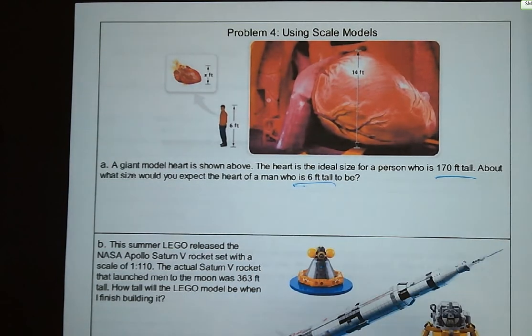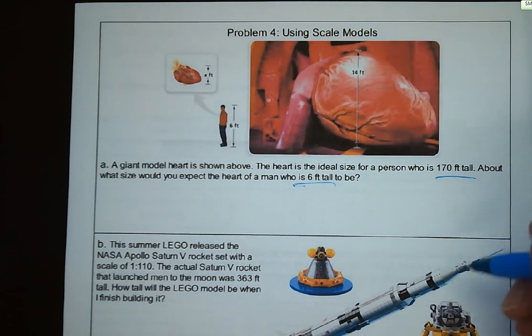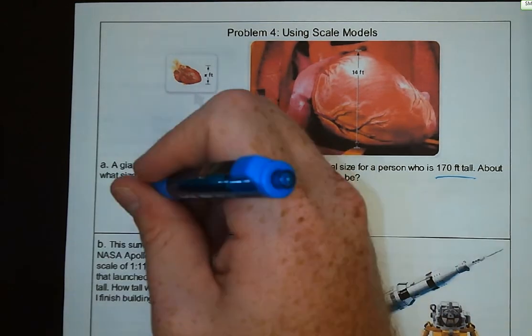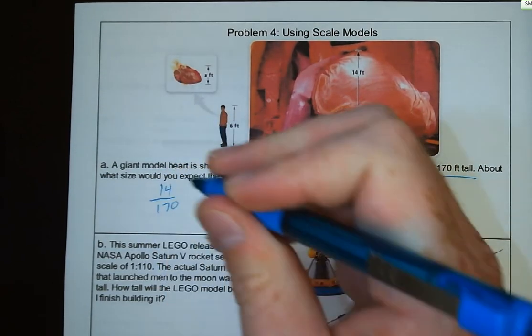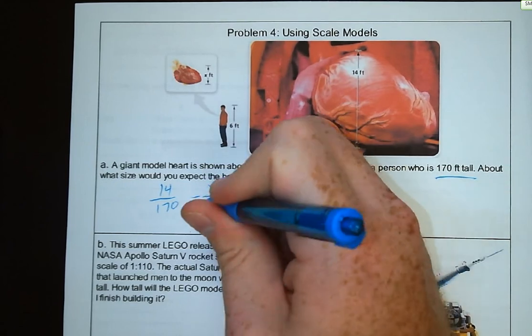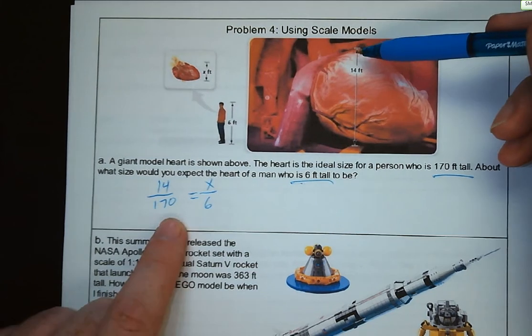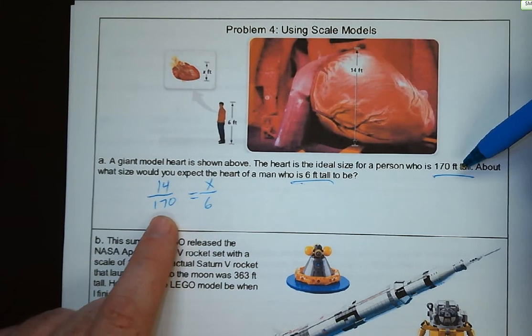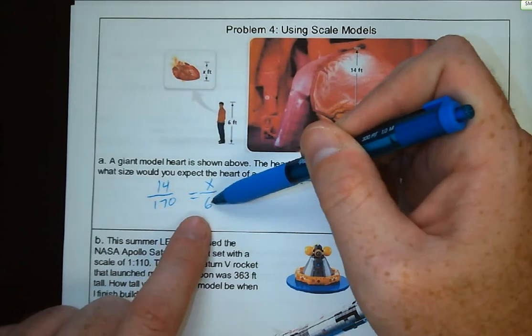About what size would you expect the heart of a man to be who is 6 feet tall? So as we can see in our model, the height of this heart is 14 feet. So I'm going to say 14 over 170 is equal to x over 6, right? The height of the heart on the giant man per its height is equal to the height of a regular man per his height.